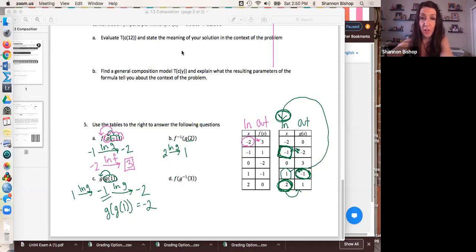Even though the answer is 1, I am now going to turn around and use that 1. So take that whole answer and plug it in to this creature. I need to plug it in to the inverse.